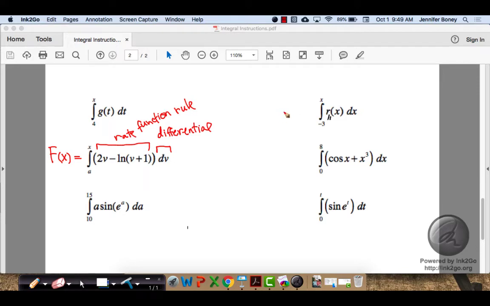But for instance, what if I called this function, I'm just making up a symbol, q of x. Let's say q of x was this. And then I wanted you to find q of 7. If you wanted to find q of 7, that would mean you'd have to replace x with 7. So I'd find accumulation from -3 through 7.